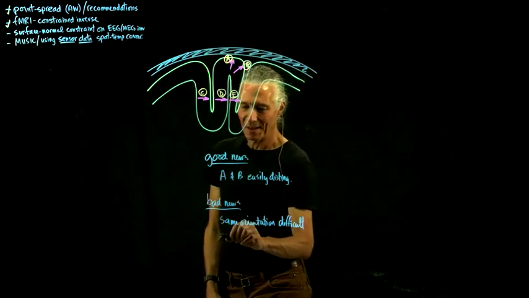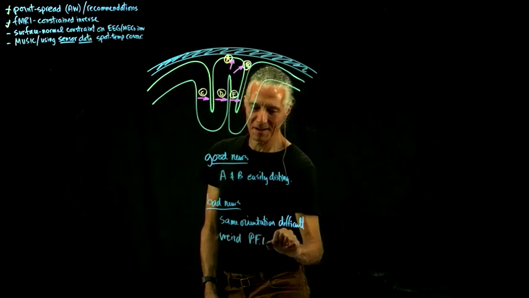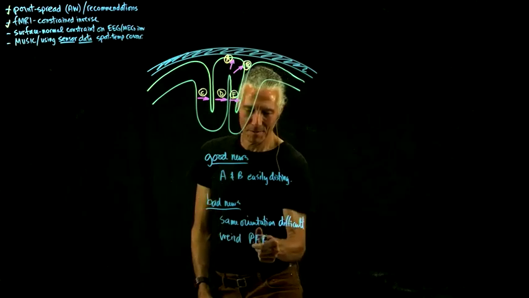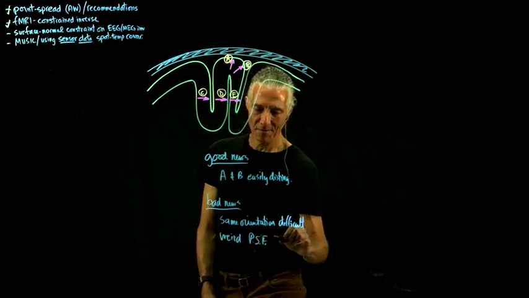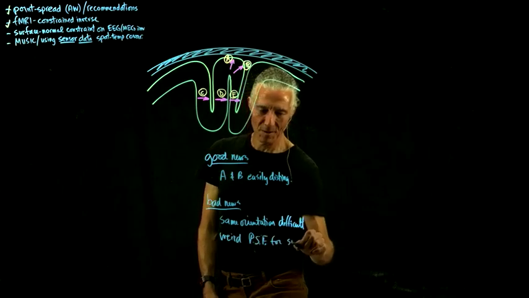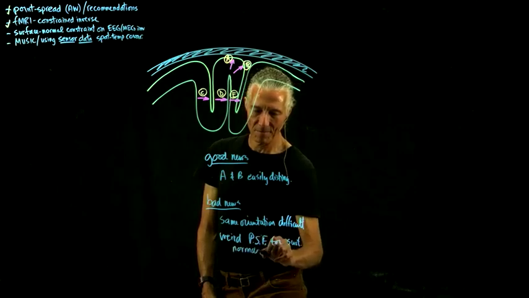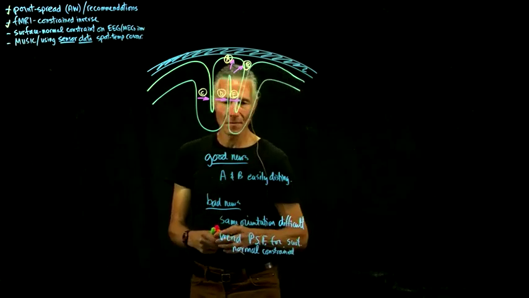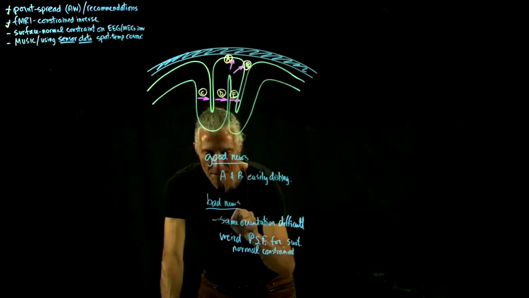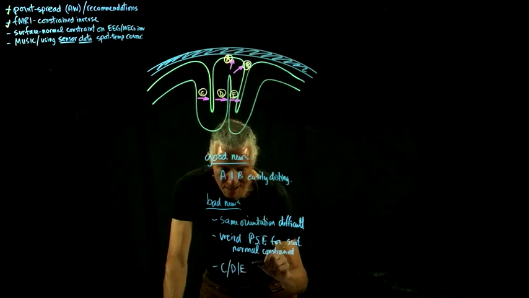There's a weird point spread function for surface normal constrained, which I already sort of mentioned. We can easily tell apart points that are close to each other, but C, D, E are hard.